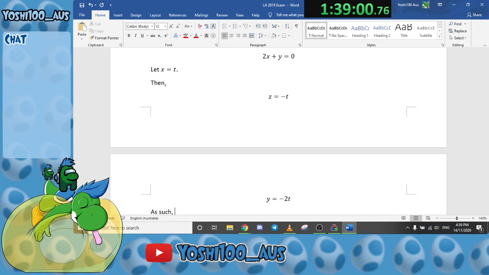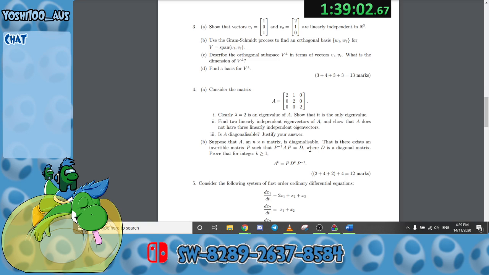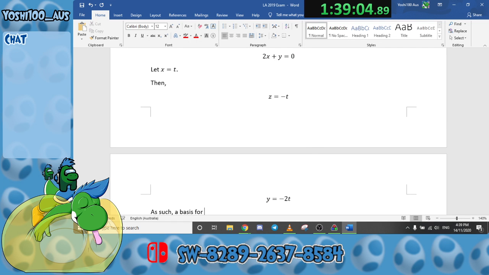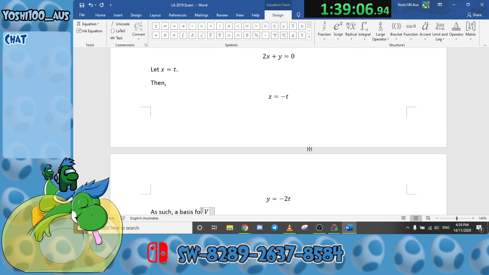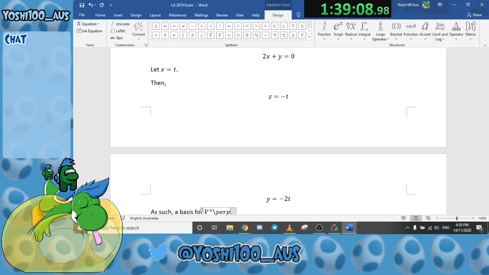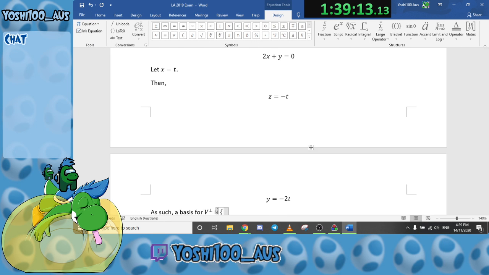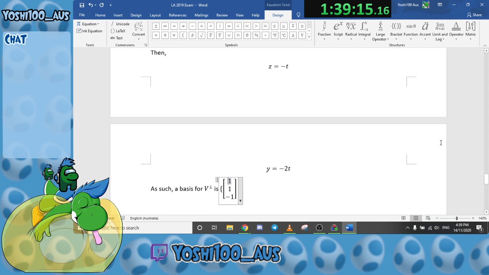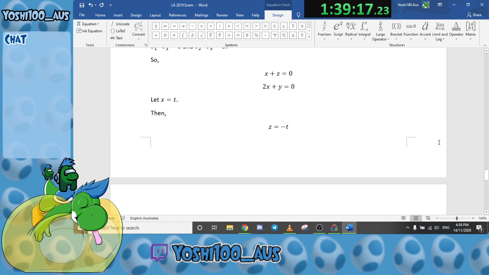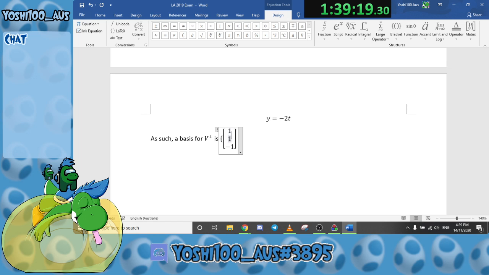As such, the basis for V perp is the bracket, open this, and it is 1, minus 2, minus 1. Yeah.